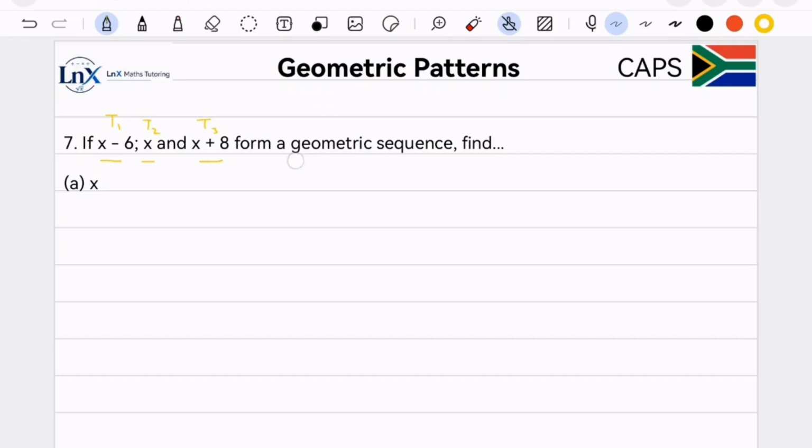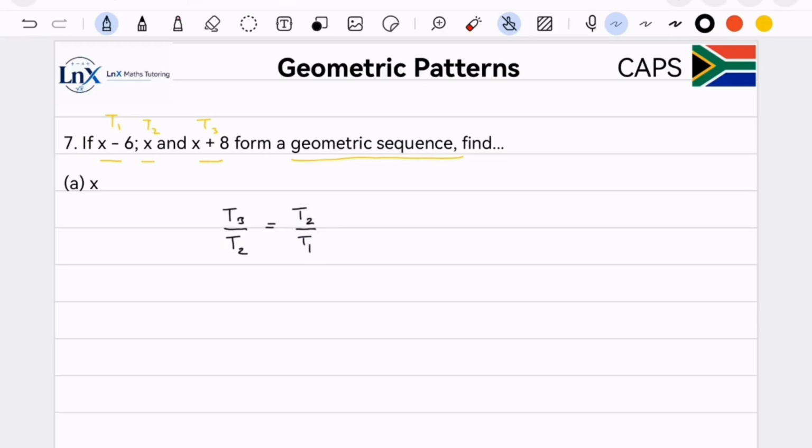And we also know that this is a geometric sequence. So we know that for a geometric sequence, the following equation holds, which is t3 divided by t2 equals t2 divided by t1, right?